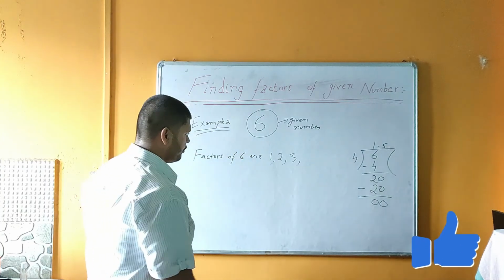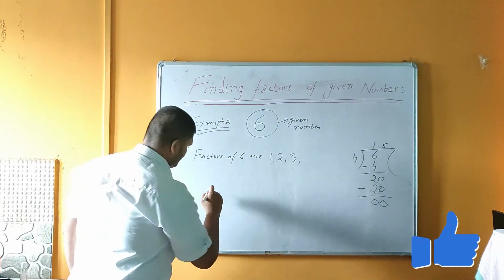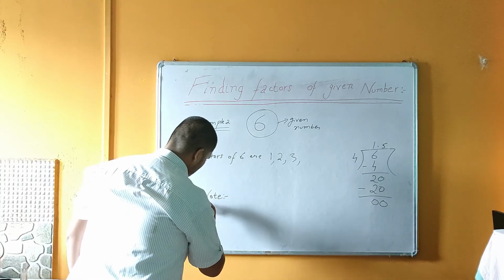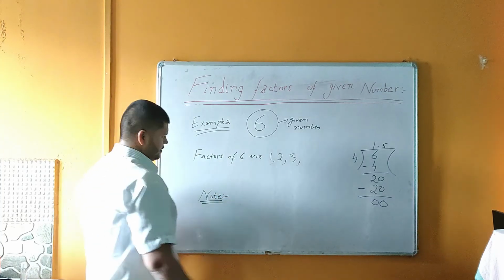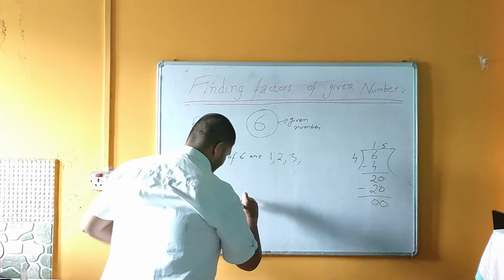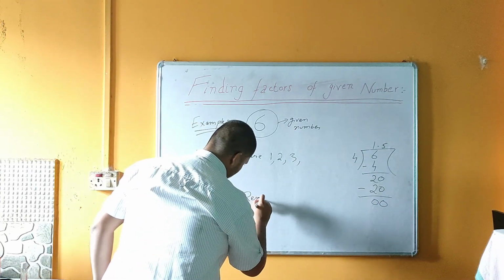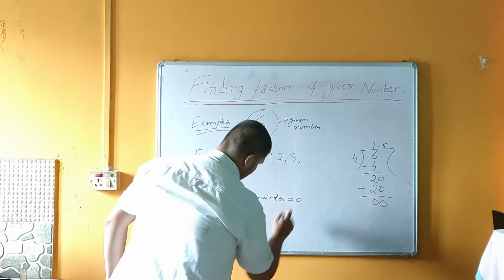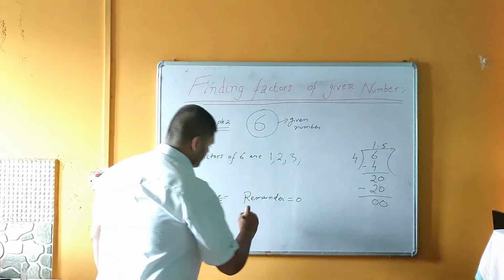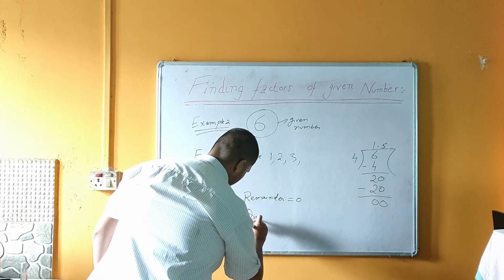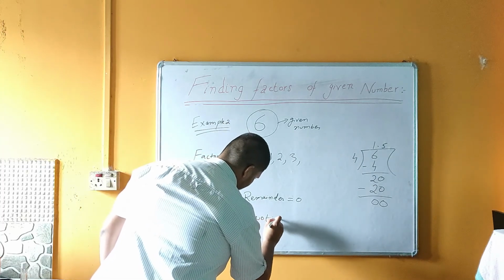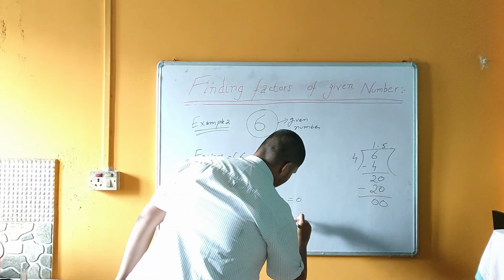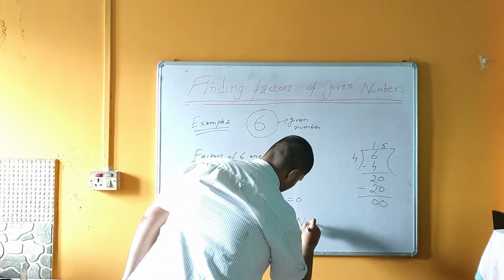So one point you need to remember is that the remainder should be equal to 0 and the quotient should be a natural number.